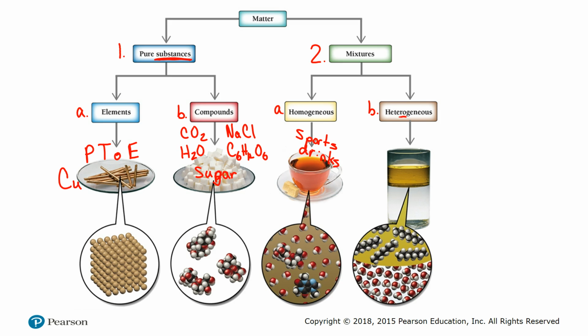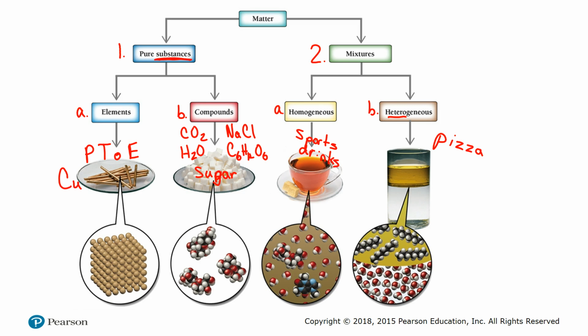Heterogeneous. And so again, the prefix from biology, hetero, means what? Different or unlike. So heterogeneous, we're going to see different types of particles in the mixture. The example I like to give for it is when you look at a pizza, can you see the different components that make up the pizza?